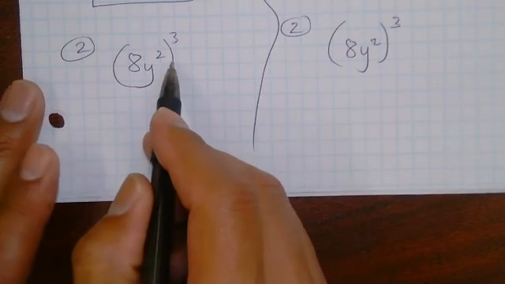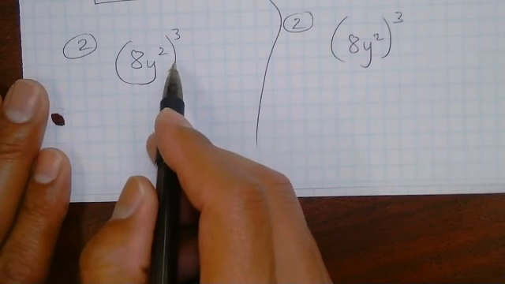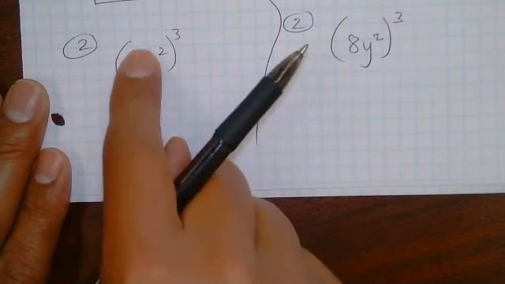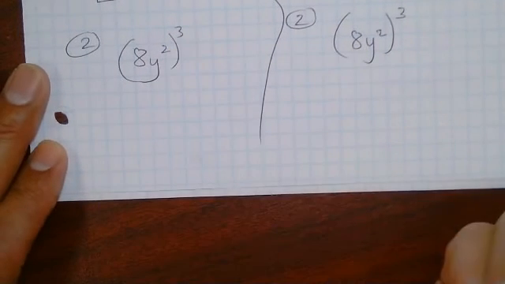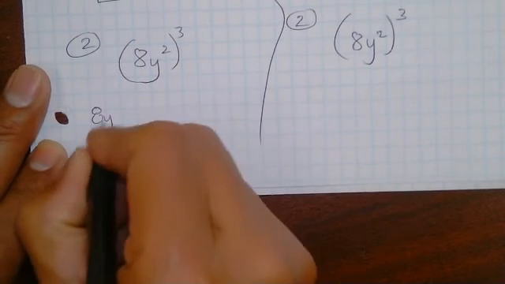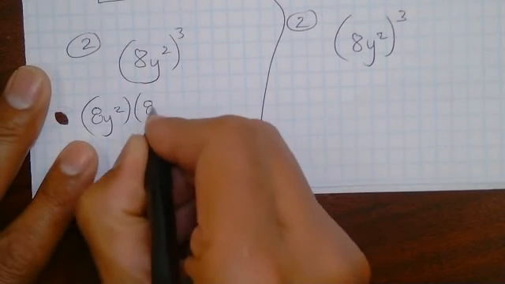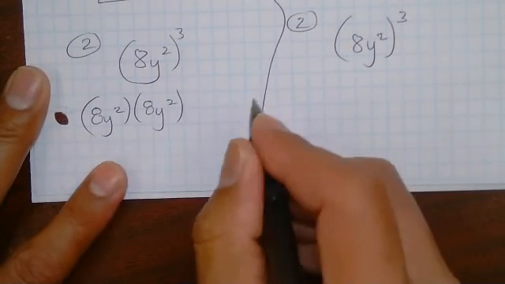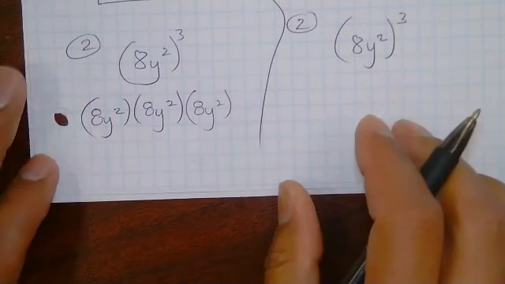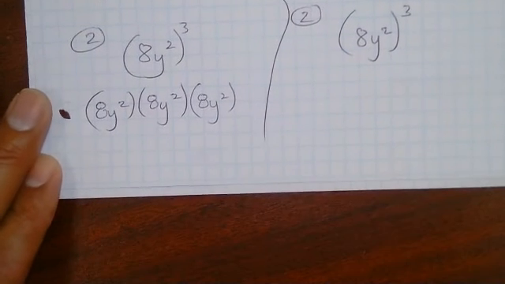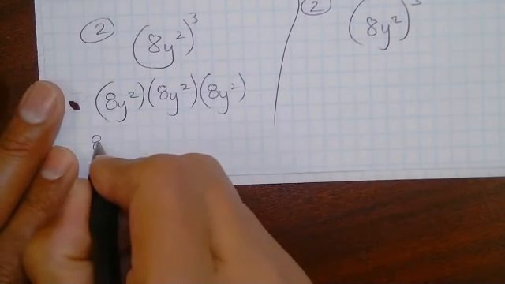Okay, let's see. If I'm just knowing what multiplication means, this means I've got to multiply this how many times to itself? 3 times. See, that's multiplication. That is saying I've got an 8y squared and another 8y squared and another, right? Because there's 3. You guys agree? And this is product rule.